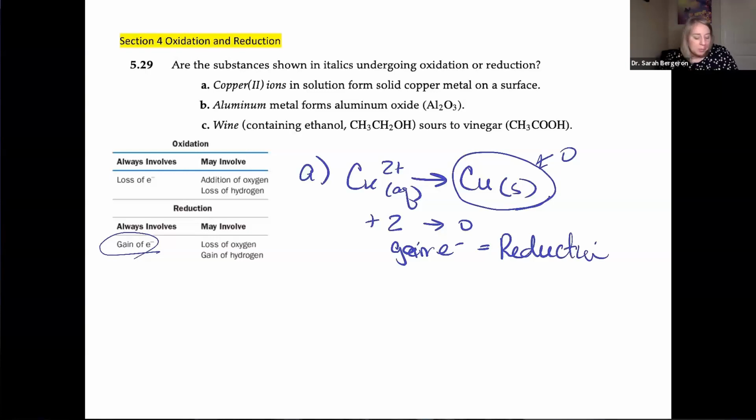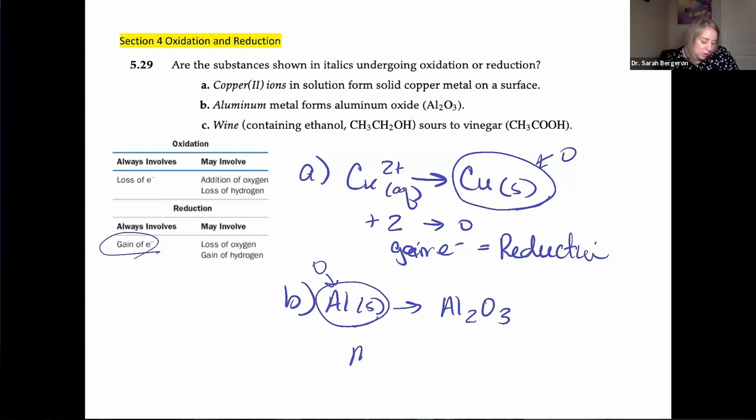Okay? Now, B, aluminum metal forms aluminum oxide. So aluminum metal, we list it as a solid, and then it's going to form aluminum oxide. So aluminum, it's a solid. This is another one that's going to be 0. So our aluminum goes from 0 to, now kind of do your reverse crossover. What's happening here?